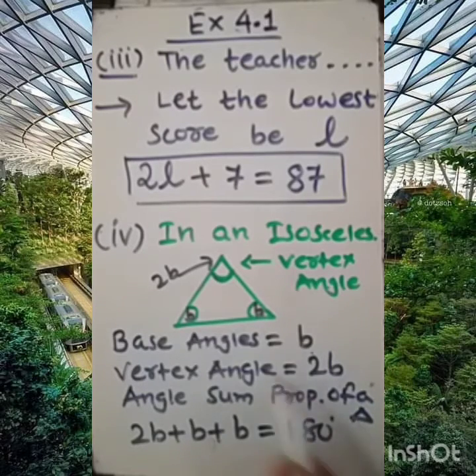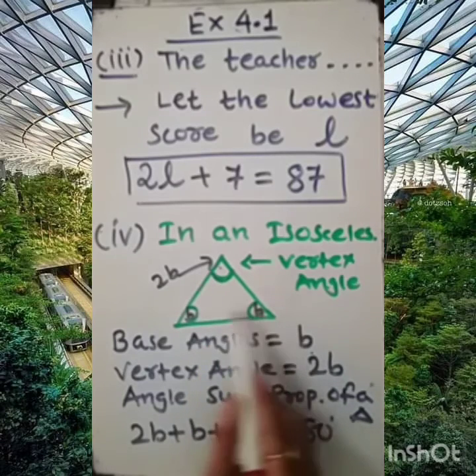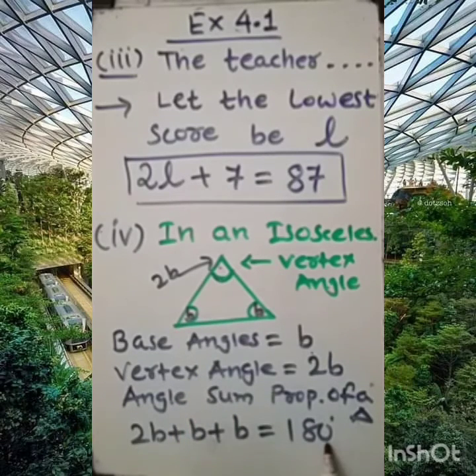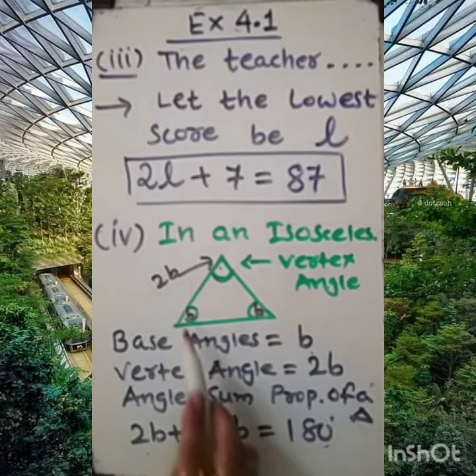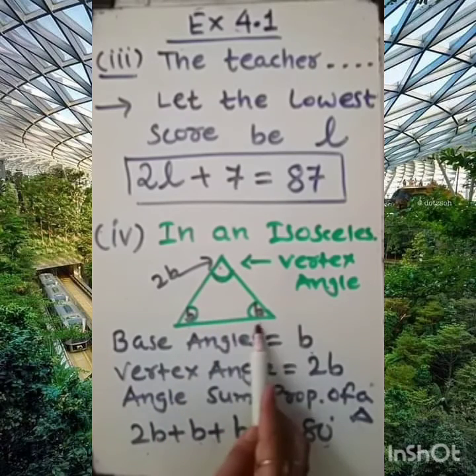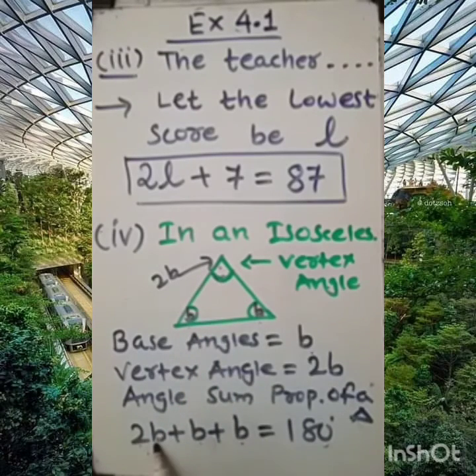Please remember, dear student, the sum of all three angles of a triangle is always 180 degrees. Here this base angle is b, this angle is b, and this vertex angle is double the base angle, so it is 2b. Finally, adding all these, 2b plus b plus b is 4b. So 4b equals 180 degrees. This is the equation for the last question. I hope it's clear to you. Here we successfully completed exercise 4.1, which is quite easy.